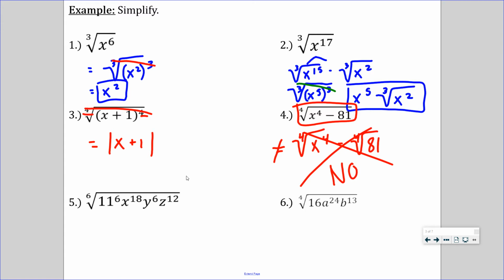Now, couldn't we factor it? Technically, x to the 4th minus 81 is a difference of squares, so we could do this. But there's not going to be any perfect 4th powers that come out of this. It's not like I have that factor 4 times.